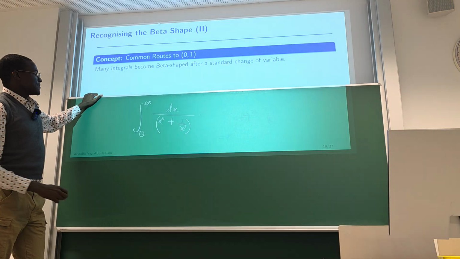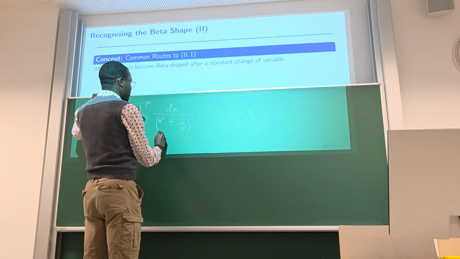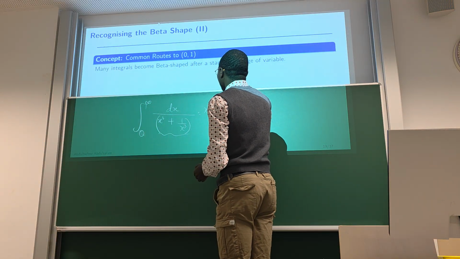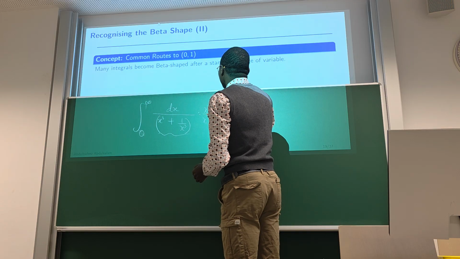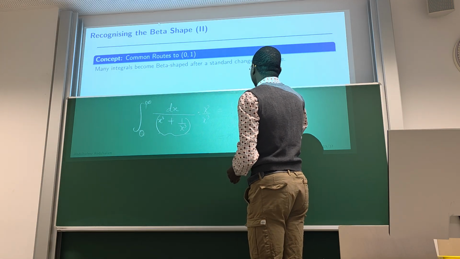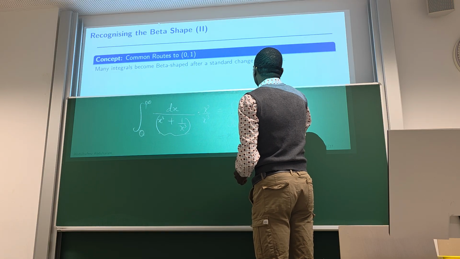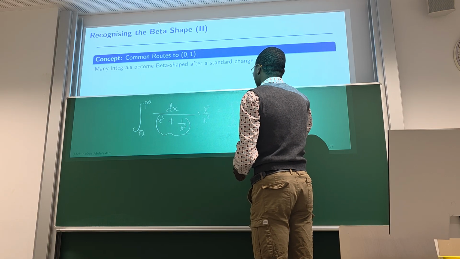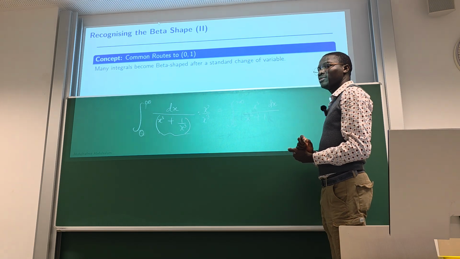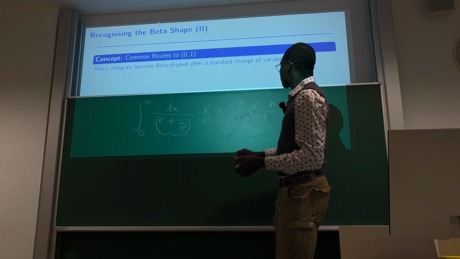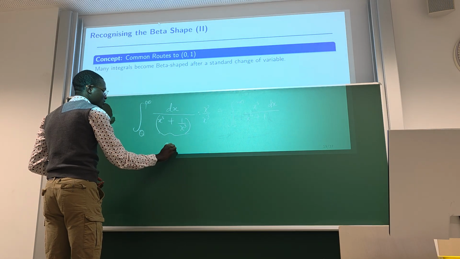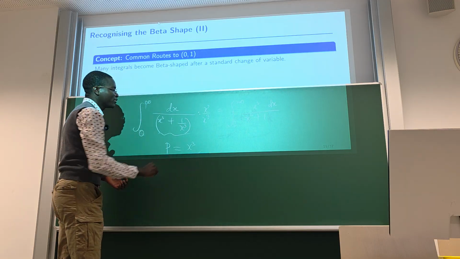Now, let's start immediately. The first thing to do would be to simplify this, by multiplying by x cubed over x cubed. And if we do this, we're going to have x cubed dx over x to the 6 plus 1. Agreed? Good. So the next thing we would do would be to make the substitution p equals x cubed.